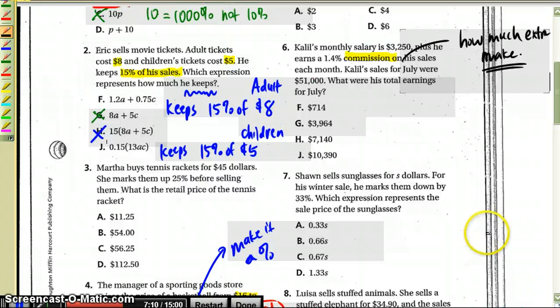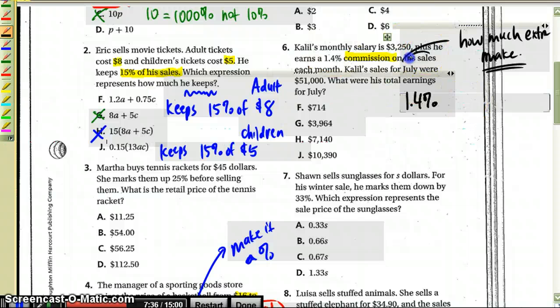For employees, their percentages are the same as all employees across the board. So if you're really good at selling, then you're just getting extra more per month. It's kind of like a tip for a waiter or waitress. If they're a really good server and they're getting tipped a lot by their customers, then they're getting a lot of extra money. So here, my percentage is 1.4%, and it's based on my sales.